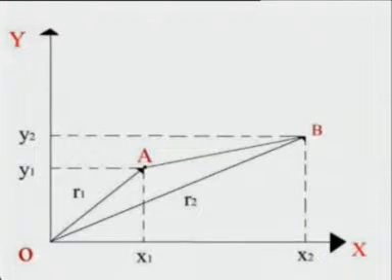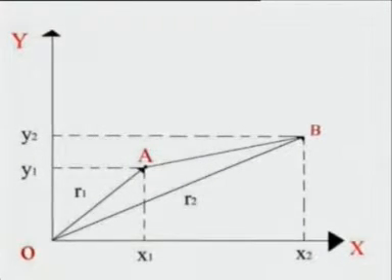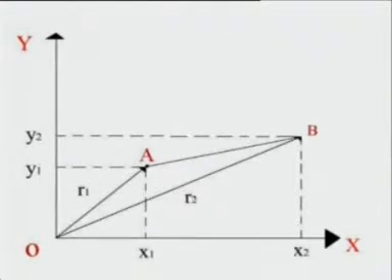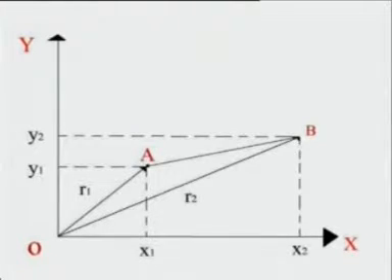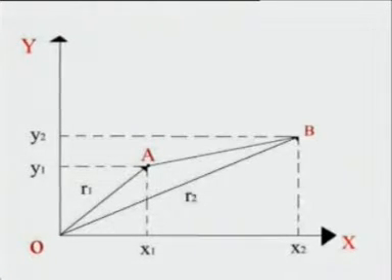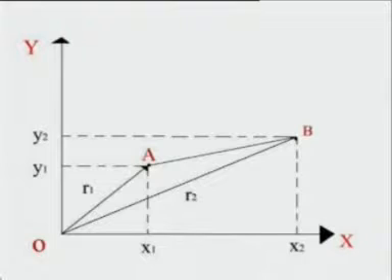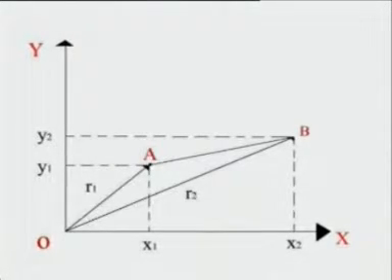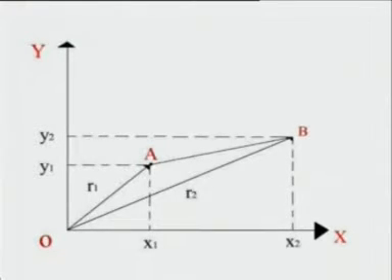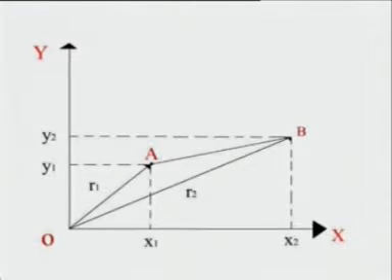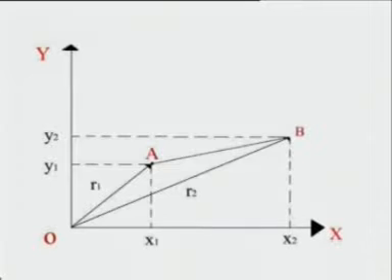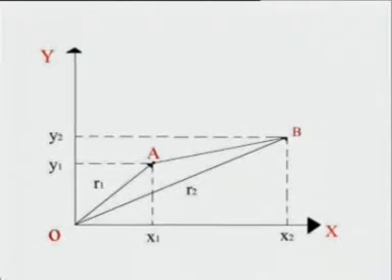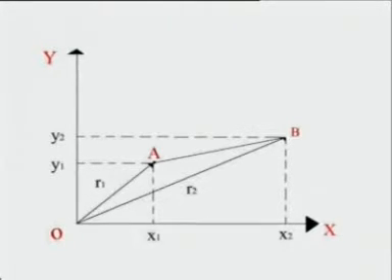Let us consider at time t equal to 0 the object is at A, and the position vector with respect to O is vector r0, and x0, y0 are the coordinates of point A. Let the object go to point B, (x, y), after time t, whose position vector with reference to O is vector r.